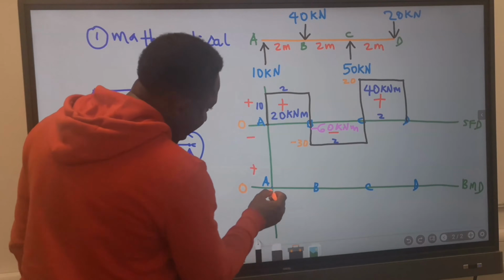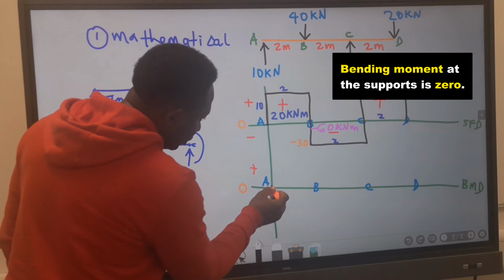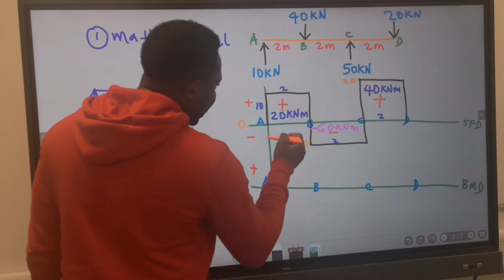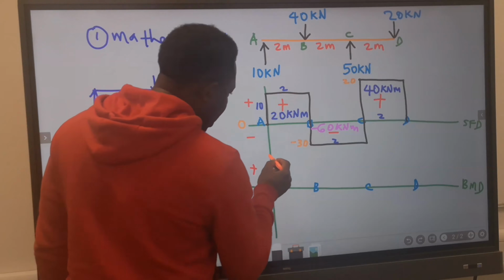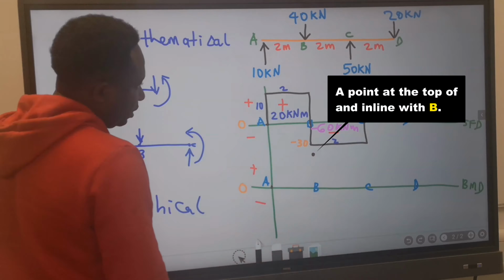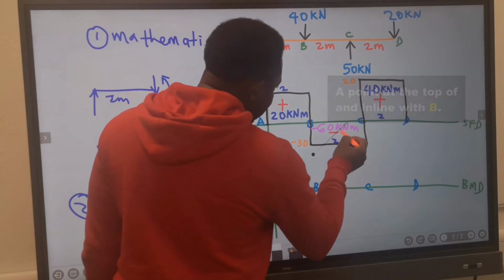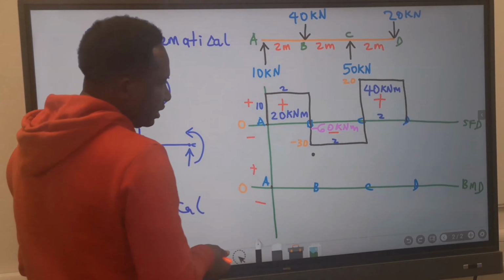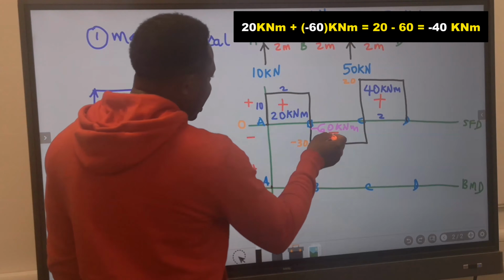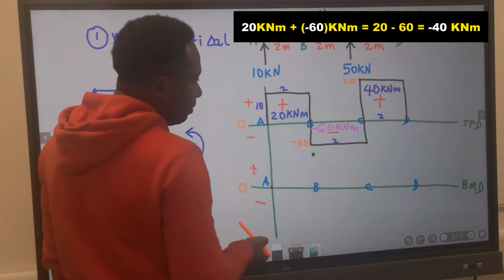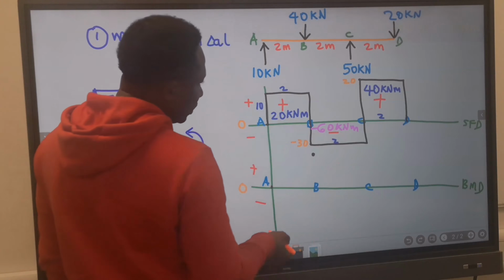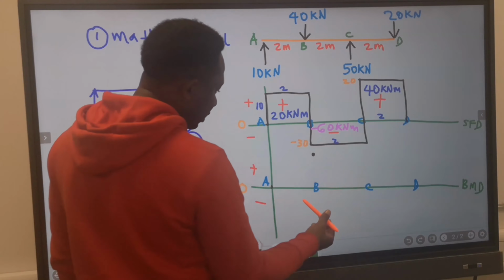Next, at the support, bending moment is 0. This gave us 20 kilonewton meters. Let's assume that 20 kilonewton meters is here. Next, this gave us minus 60. 20 we add to this. However, this got a minus, so it's going to be 20 minus 60 and we're going to get minus 40.